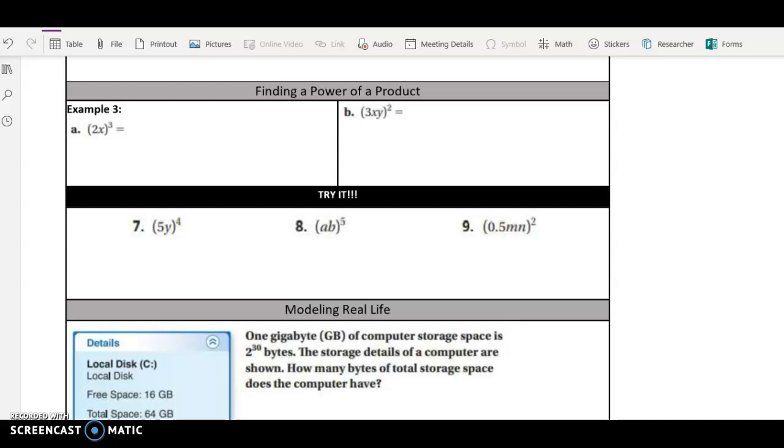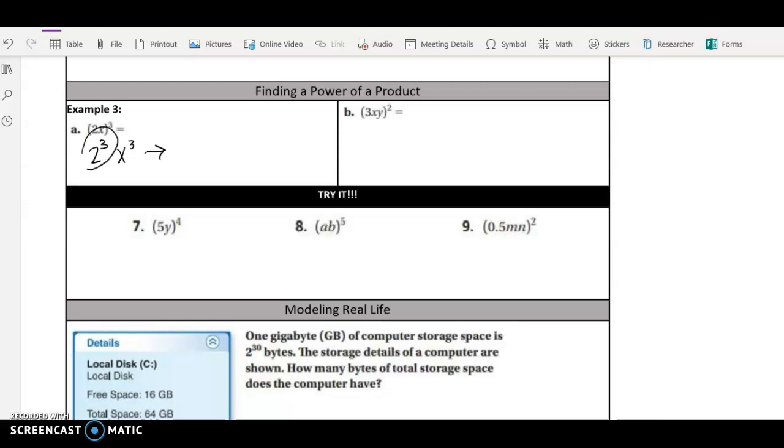So what we're going to do is take this 3 and distribute it to both things in the parentheses. So the 2 is now to the power of 3, and the x is now to the power of 3. Now let's simplify it.